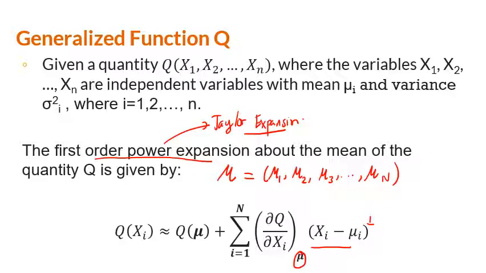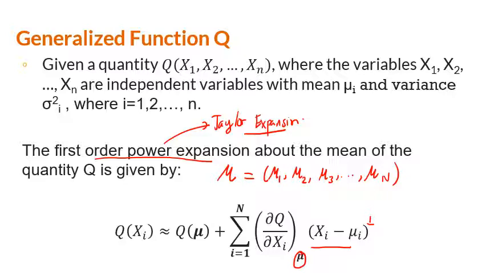So, you evaluate the first order derivative with respect to the variable x sub i at the various means of your variables. Okay, so this is your first order series expansion.